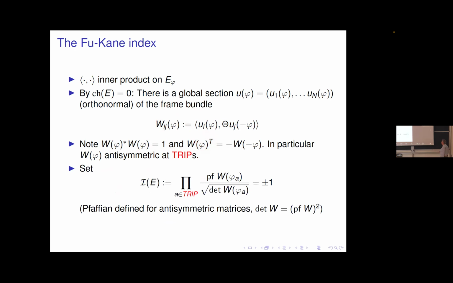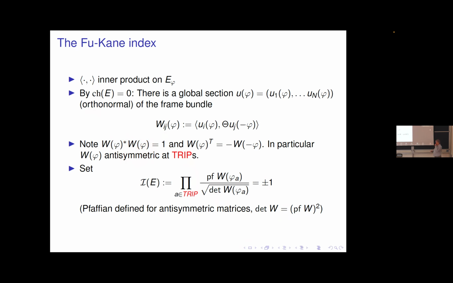And so what they did is this. You should know that anti-symmetric matrices have a Pfaffian, and I will explain it in a second. That's a number, and it is one of the two possible square roots of the determinant. And there is one more thing that could be said, so that the determinant never vanishes across the whole torus because of this relation here.